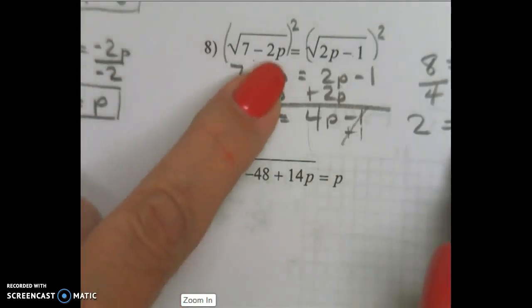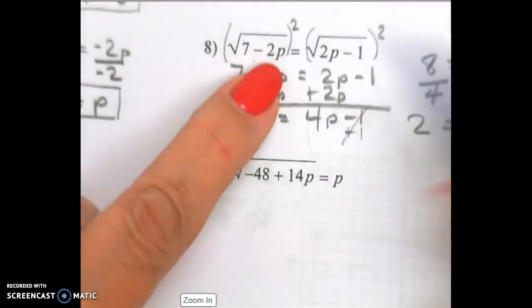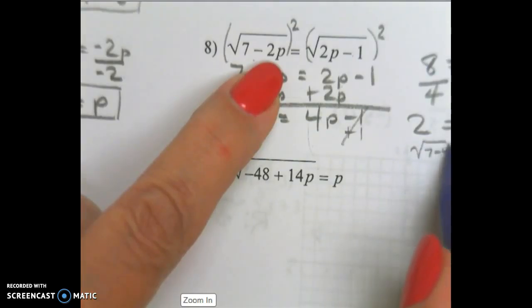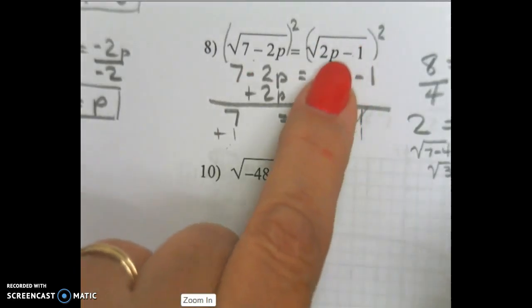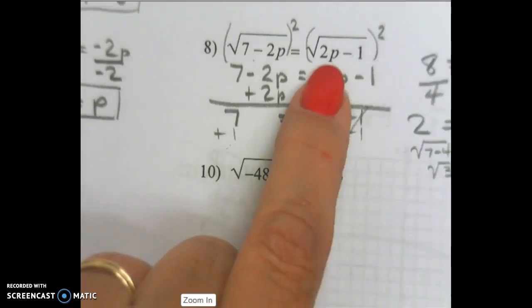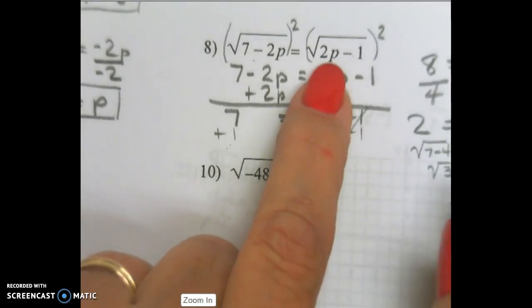If I plug back in, 2 times 2 is 4, so 7 minus 4 would be the square root of 3.